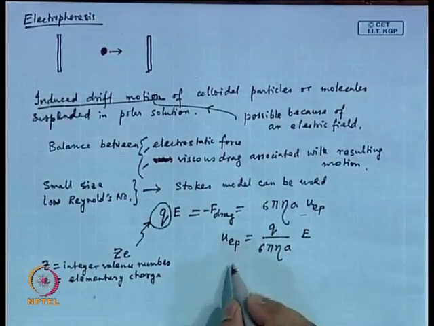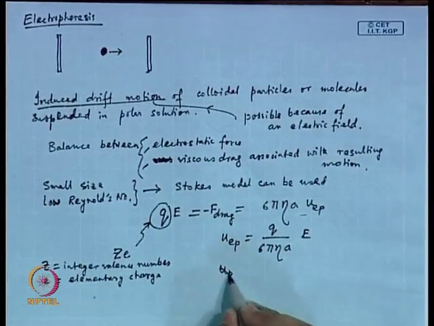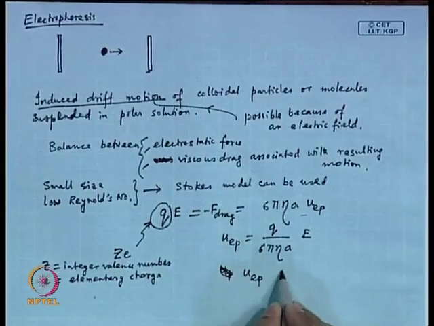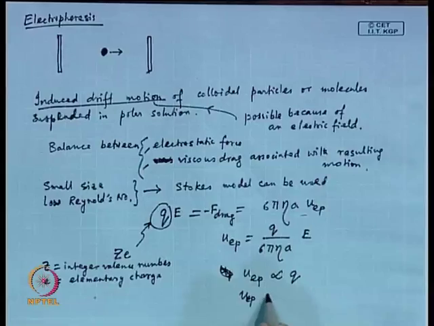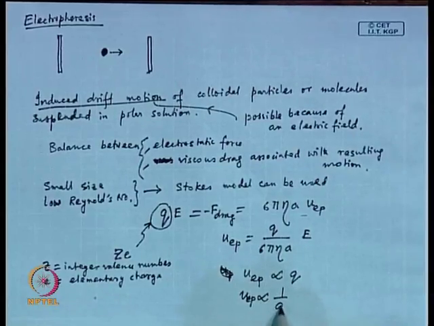So, what does this U E P mean? U E P is proportional to Q and inversely proportional to a. So, this velocity depends directly on the charge. If there is more charge on the particle, it attains higher velocity, and if there is less charge, it moves slowly.